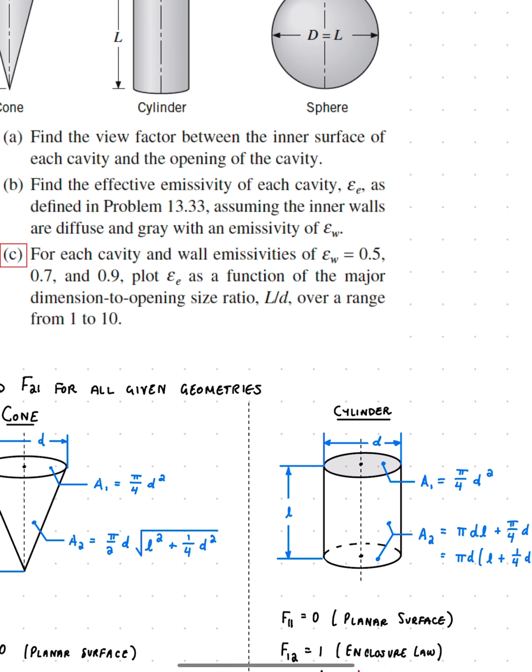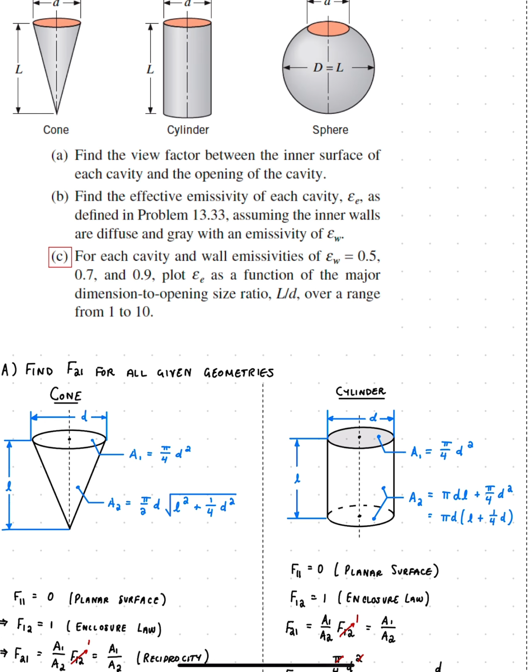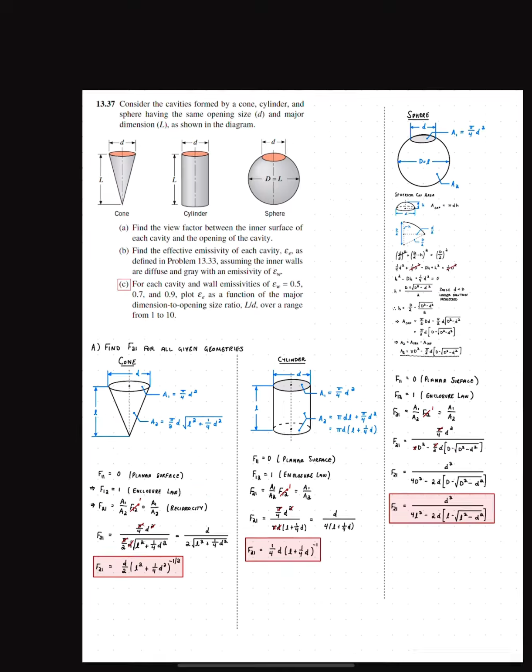The second part says that we need to find the effective emissivity of each cavity, E subscript E, as defined in problem 13.33, assuming the inner walls are diffuse and gray with an emissivity of E_W.